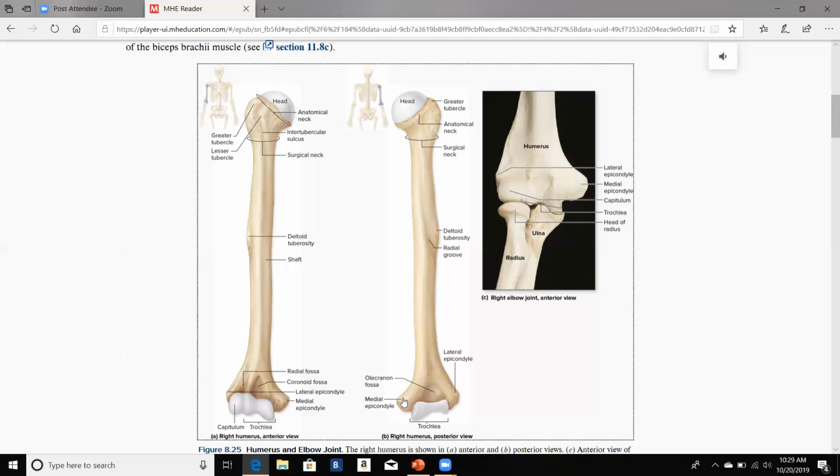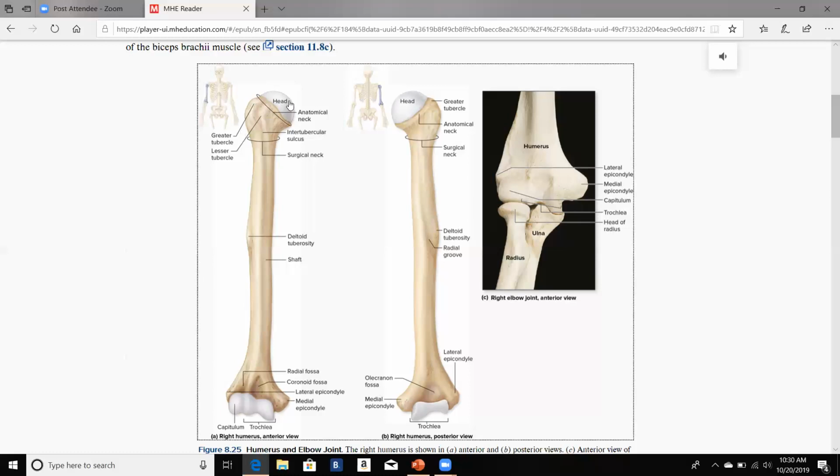Another structure you can use is the olecranon fossa. This is where the ulna will articulate to form your elbow. This olecranon fossa is located in the posterior view. It's very, very deep. When you're trying to differentiate right and left, the heads always point medially.